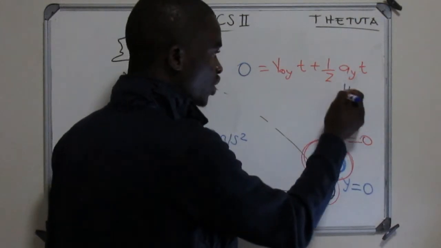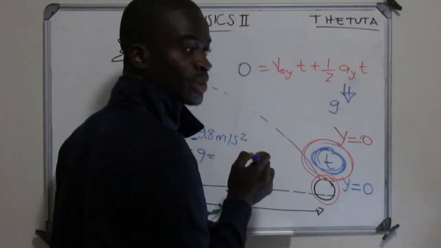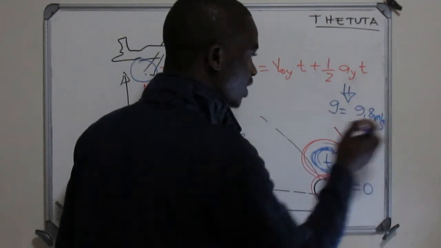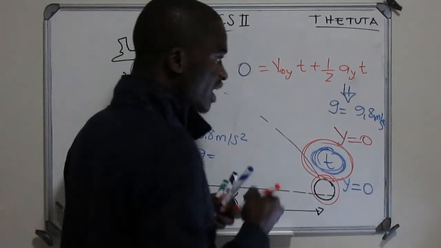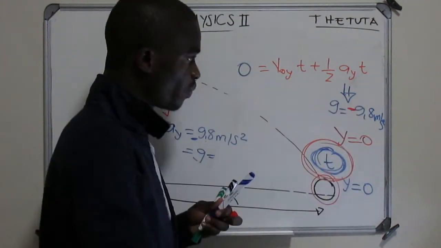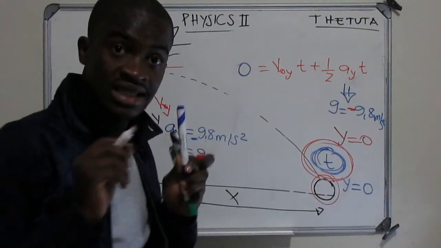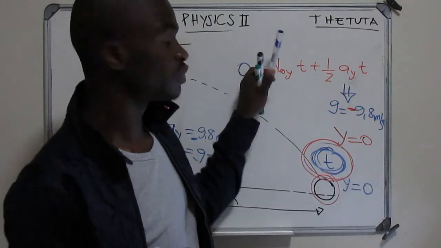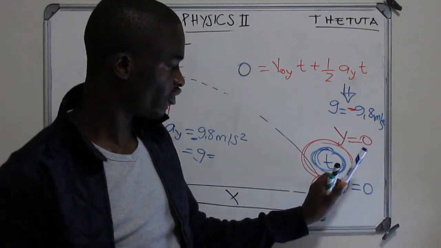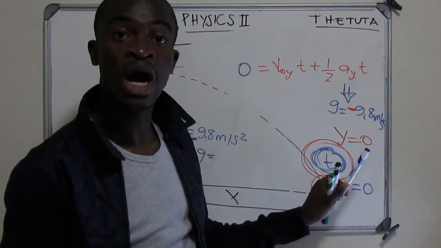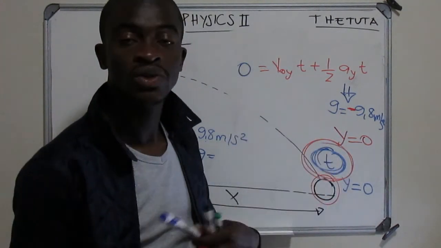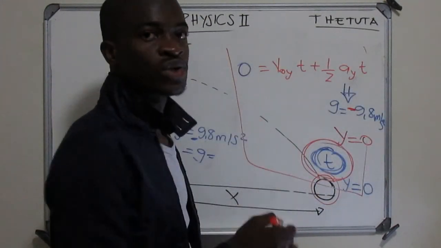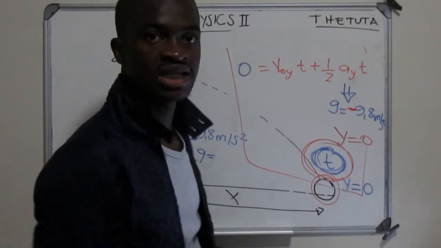The acceleration is equal to the gravitational acceleration, which is 9.8 meters per second squared. But remember, we give it a negative because it's dropping. So when the problem states that you calculate the projectile time, your y must always be equal to 0, because at the final time when it reaches the ground, the height is equal to 0. So this is really an important part that you should keep in mind, because if you don't get this one, you're going to get some of the problems wrong.